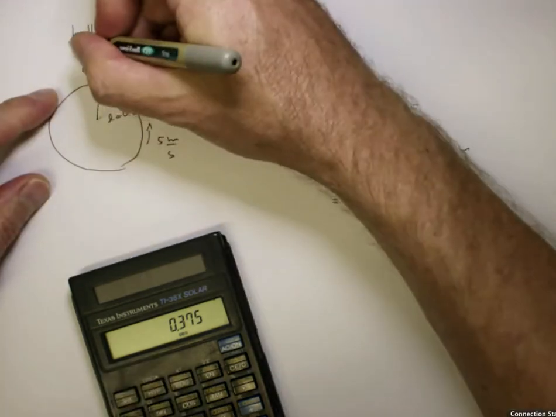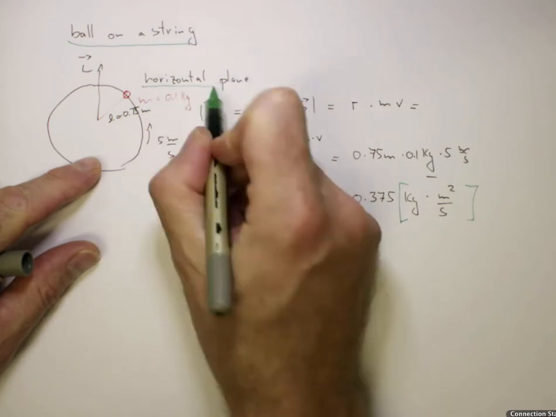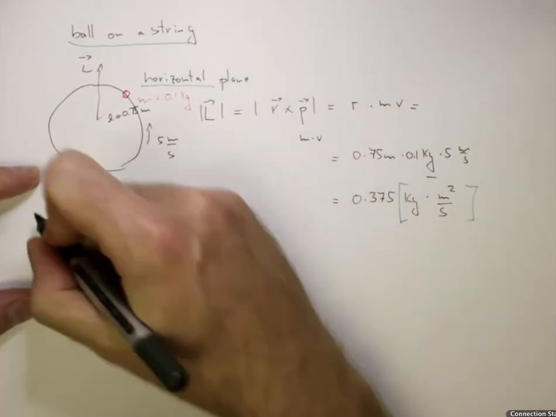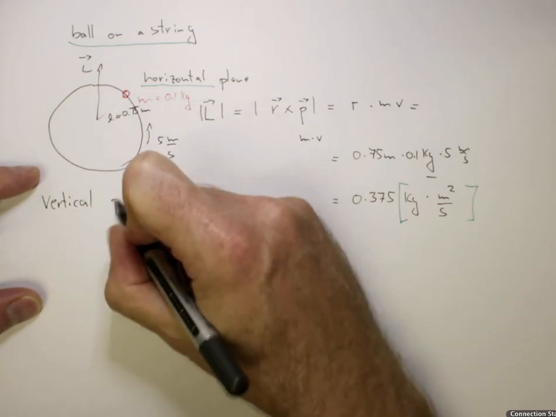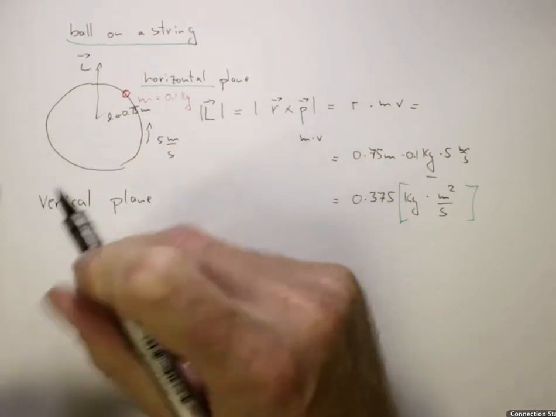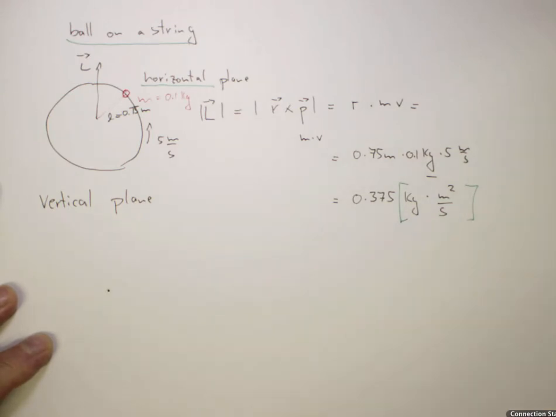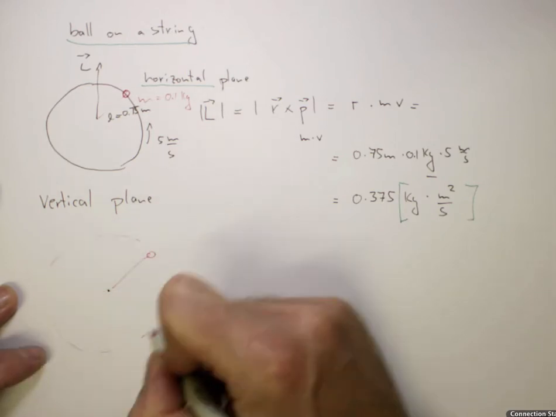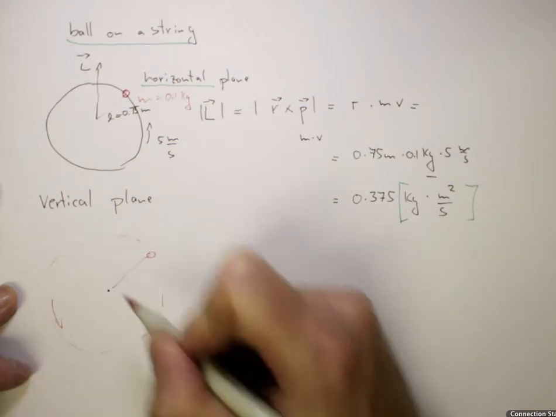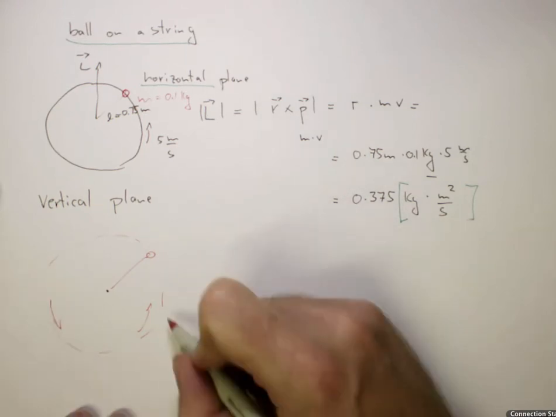Another related example, if we now turn the horizontal plane into the vertical position. If we consider a vertical plane, then in our example with this ball, we now have an acceleration on the way down and a deceleration on the way up due to gravity.